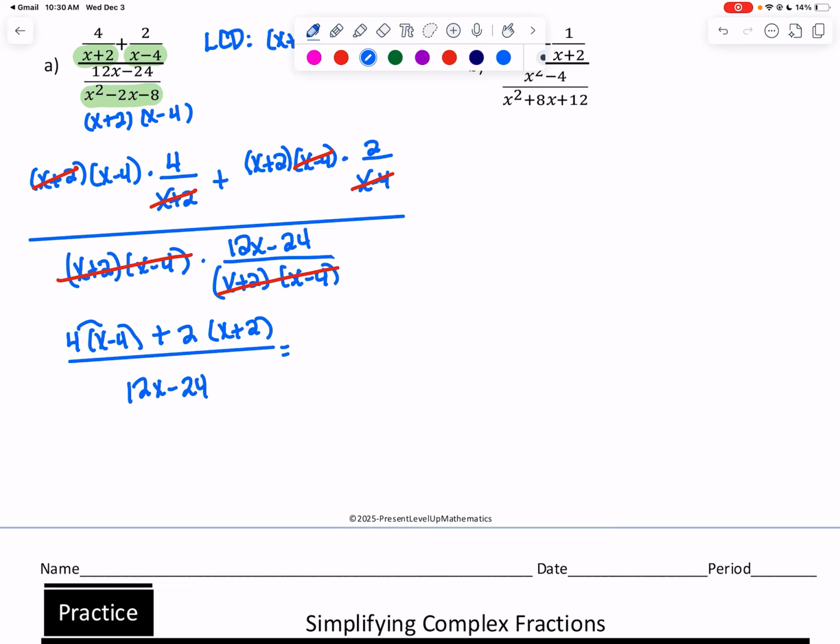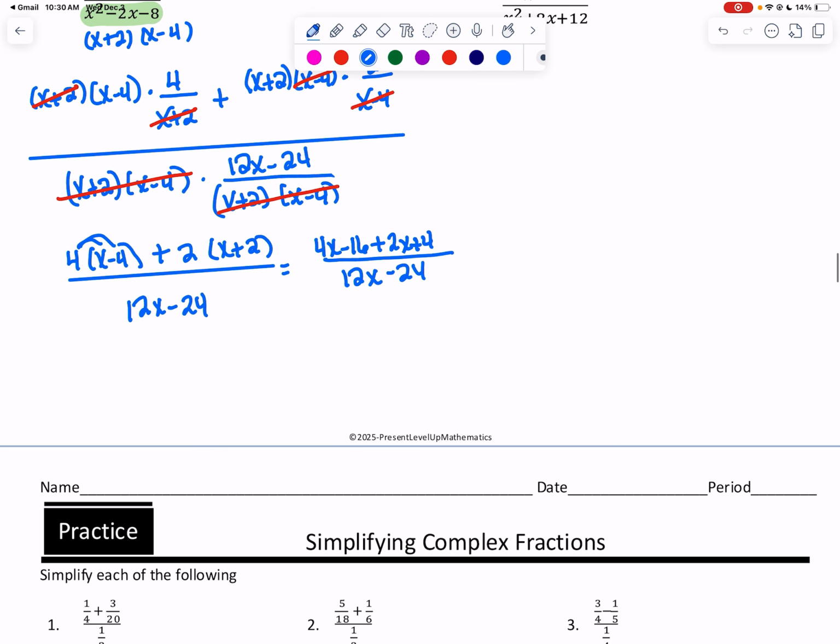So 4 times x minus 4 would give me 4x minus 16, and then 2x plus 4. Combine like terms, so that would give me 6x minus 12 over 12x minus 24.